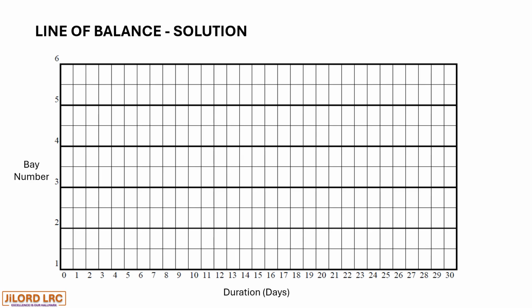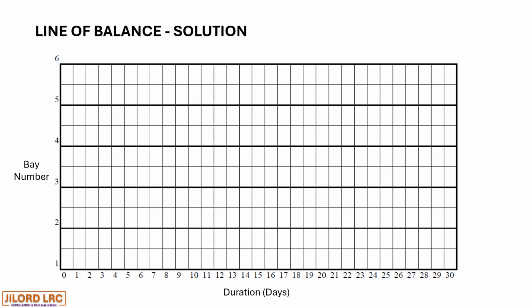This means that the gang would work on these 6 bays with each bay having a duration of 2 days in terms of the installation of piles. So bay 1 will have the installation of piles taking 2 days.